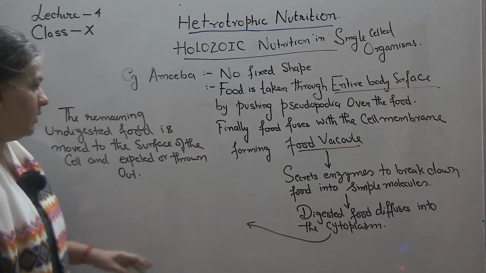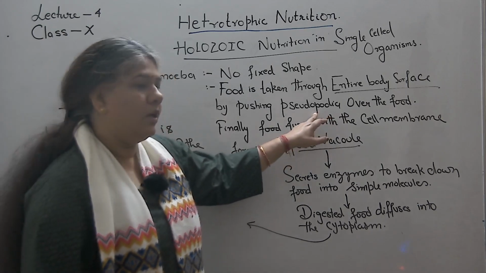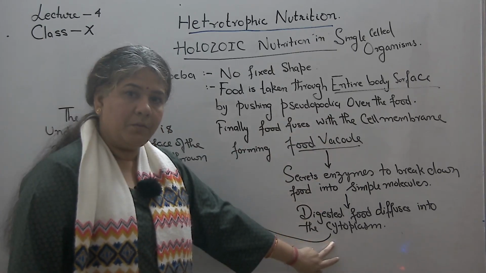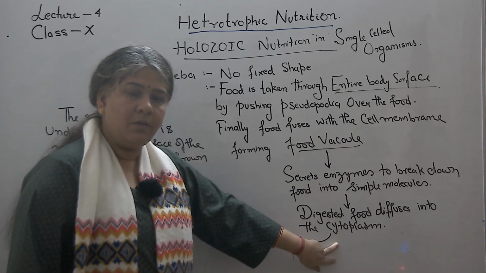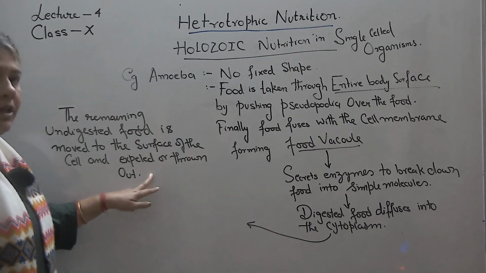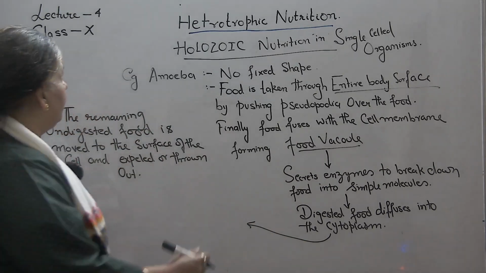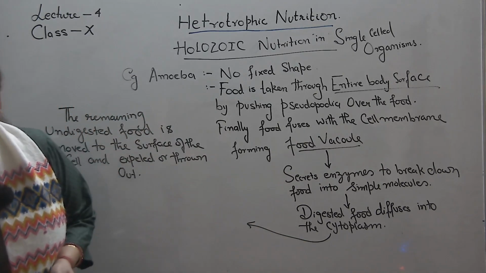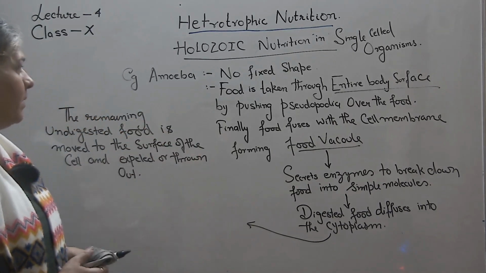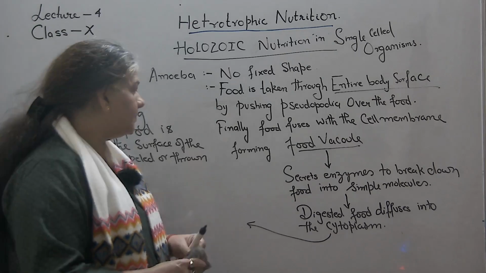This is the process: ingestion, that is taking in of the food, then digestion, then diffusion into the cytoplasm for utilization by the cell, called assimilation, and then egestion. This is how amoeba performs digestion.